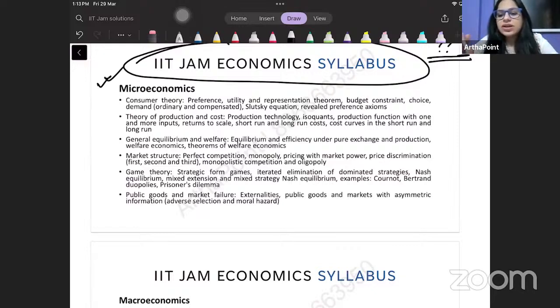But let us try to understand first of all the consumer theory. So in consumer theory, what all can be asked in the exam? You can have questions on preferences, utility, budget line, compensated variation, equivalent variation, the Slutsky equation, and revealed preferences. सब कुछ consumer theory में आ सकता है.